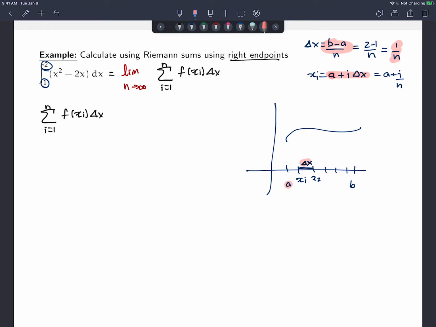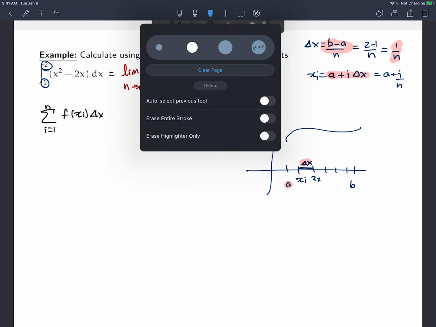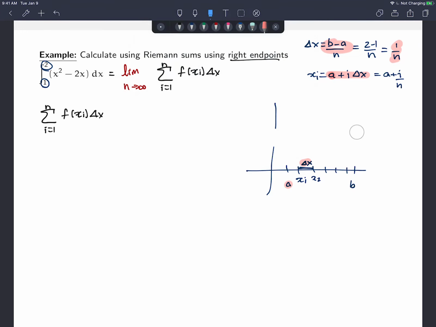Now in this case a is 0, so it's very simple, it's just i over n. So my xi is just i over n because my a is 0. So let's go for this.